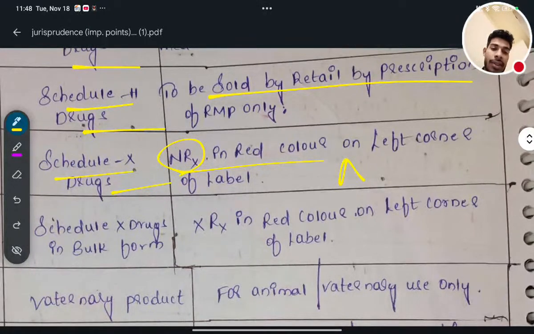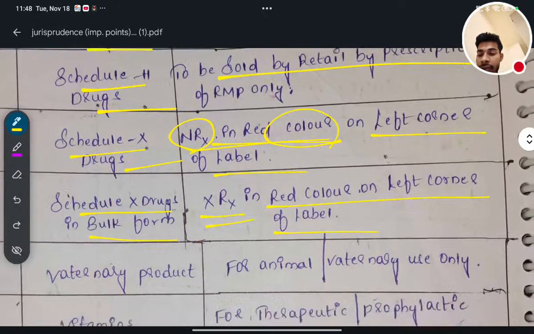You have to remember that. This is also asked. Narcotics is denoted by NRX, and normal drugs are denoted only by RX. NRX drugs come under Schedule X, in red color on the left corner of the label, and Schedule X drugs in bulk form, XRX, in red color on the left corner of the label.